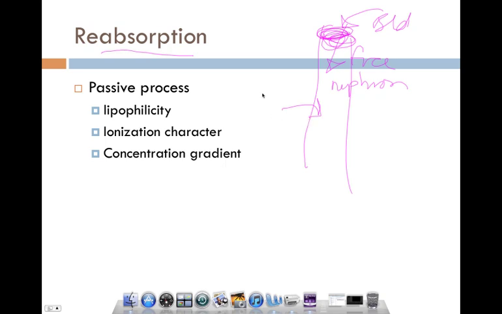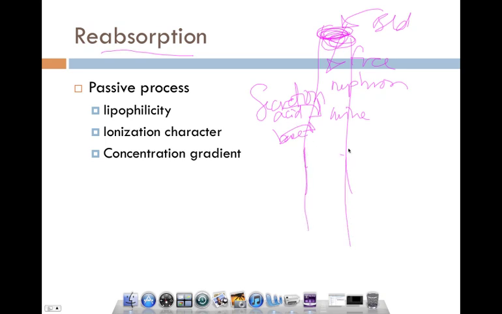And then in the proximal tubule, we have secretion, which is dependent upon these acid and base secretion sites that drugs and other things will be competing for to go into the urine here. Against a concentration gradient, so it's an active process that can be saturated.